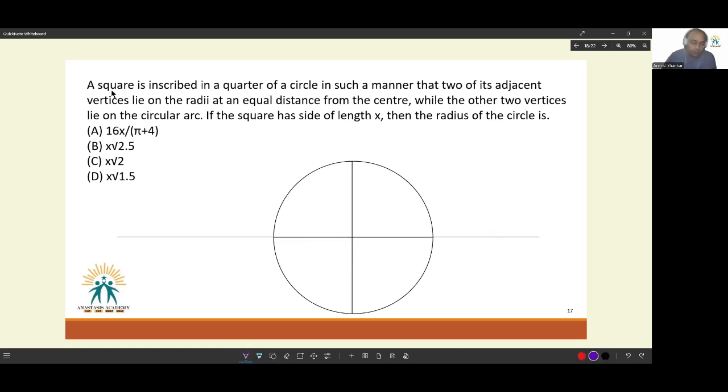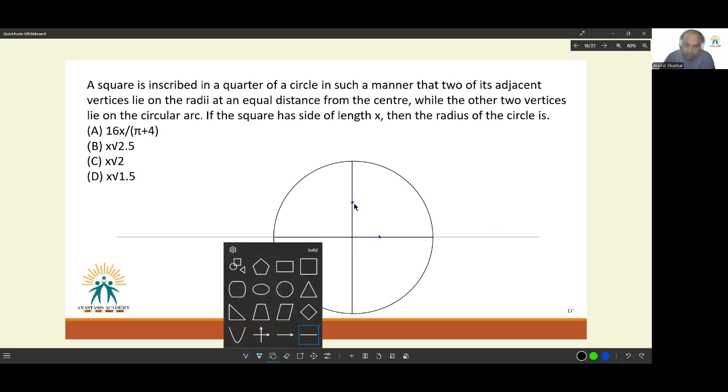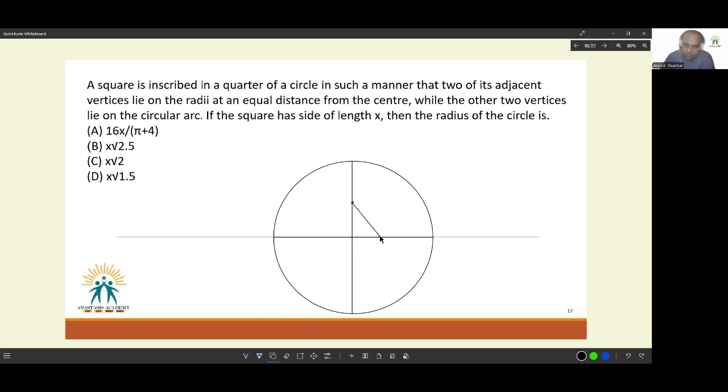How they've defined it is a square is inscribed in the quarter of a circle, so only this quarter, in such a manner that two of its adjacent vertices lie on radii. So this point, I will have side of the square line. But then these are very, very close together.